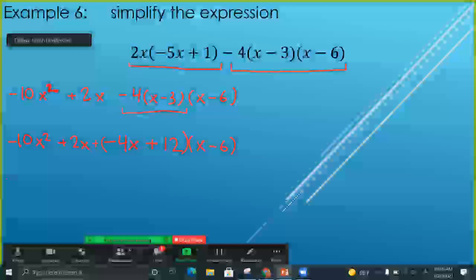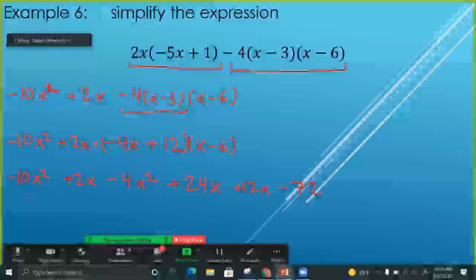Okay, so let's do that now. Okay, so negative 4x times x, negative 4x squared. Negative 4x times negative 6, positive 24x. And now the 12, and we're finally done. 12 times x, 12 times negative 6 is negative 72, I think.